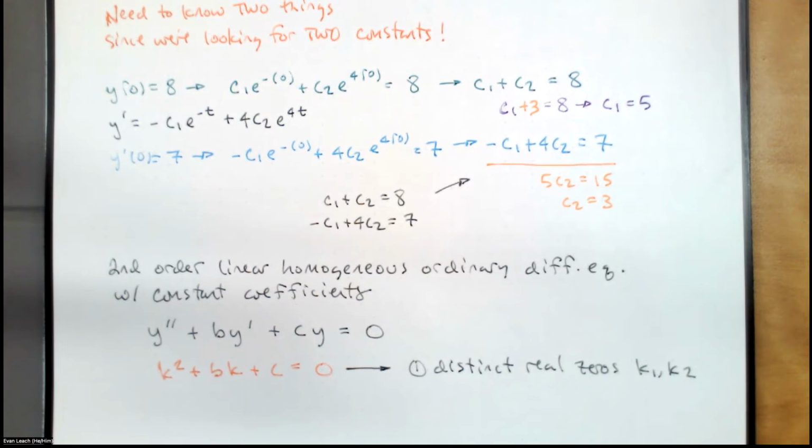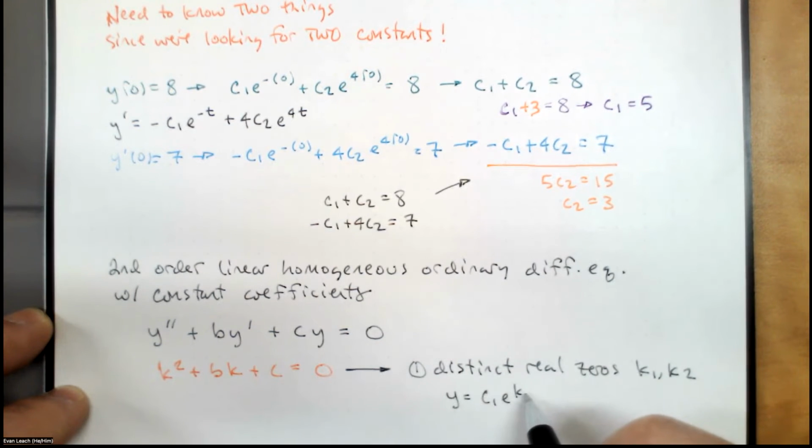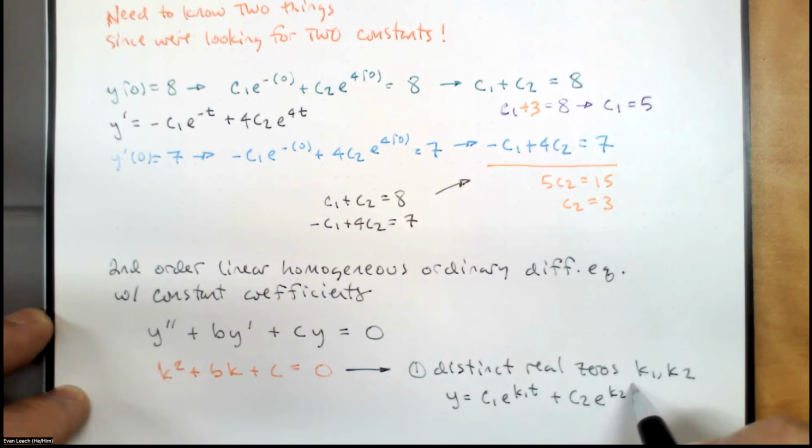So the three things that can happen, we could end up with distinct real zeros. And we write a general solution, C1 e to the K1 times T plus C2 e to the K2 times T.